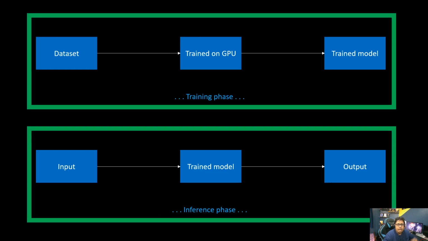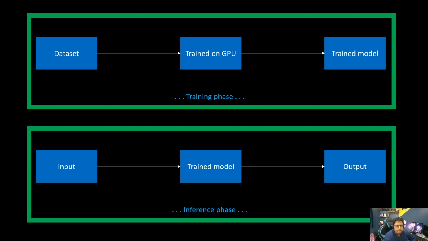So why do we need it? To understand why we need OpenVINO, we need to understand how this entire thing works. If we are deploying a computer vision application, what are the two phases? The first phase is the training phase, in which we take the data set, train the model, and create a model, probably trained on a GPU.